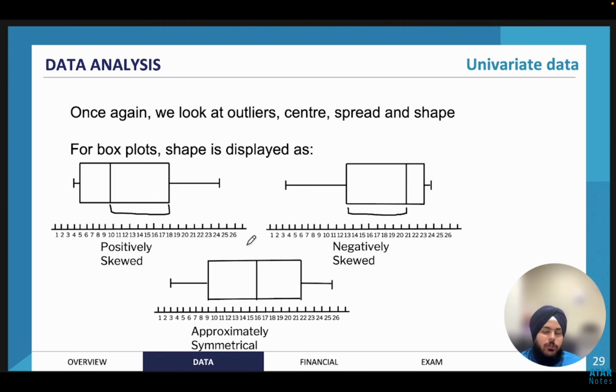And for approximately symmetrical, the boxes should approximately be even in size. Okay, so that's essentially how we determine outliers, the center, the spread, and the shape of the data. We'll come back to a few more measures of center, but this is essentially the different ways that we can represent univariate data.